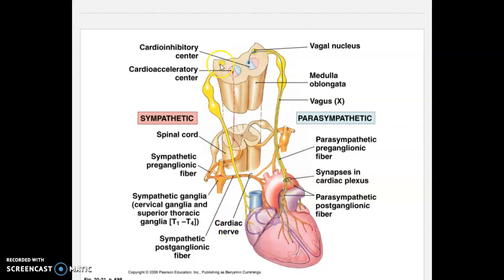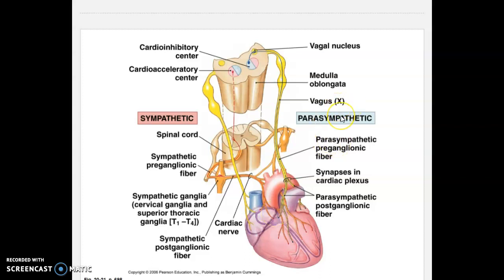Now, notice that usually there was some sort of neural stimulus, like you saw something that scared you, and you've got that cardioacceleratory center up there in your medulla oblongata, and it's going to send a message down to your spinal cord, through the sympathetic ganglia, and then the cardiac nerve is going to run out from there.